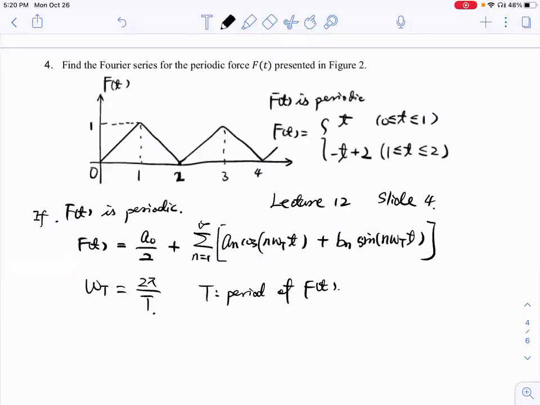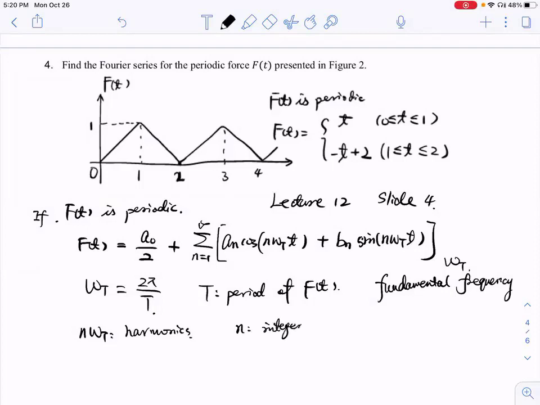Sometimes we call this omega_T the fundamental frequency. And then n omega_T is the higher harmonics. If n is 2, we say that's the second harmonic, third harmonic, and it keeps going, nth harmonic. That means your n has to be an integer, because you can only have a certain number of harmonics.